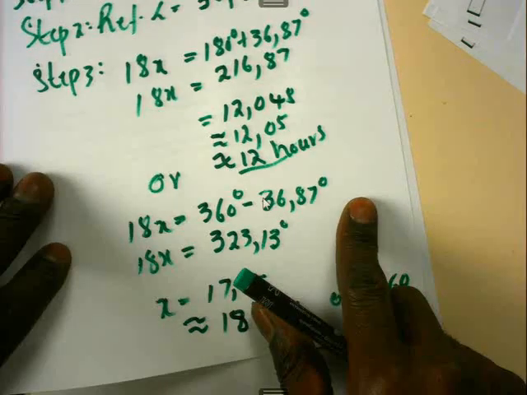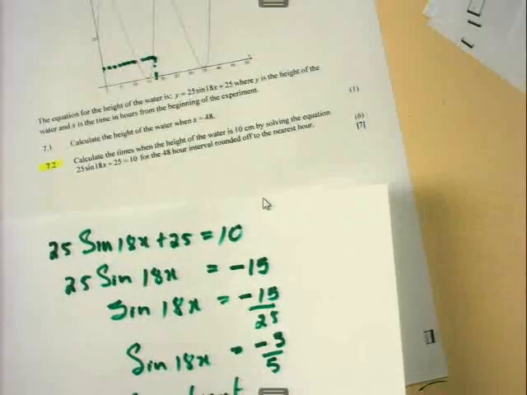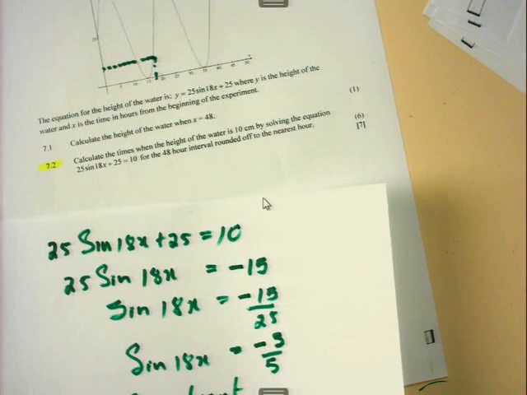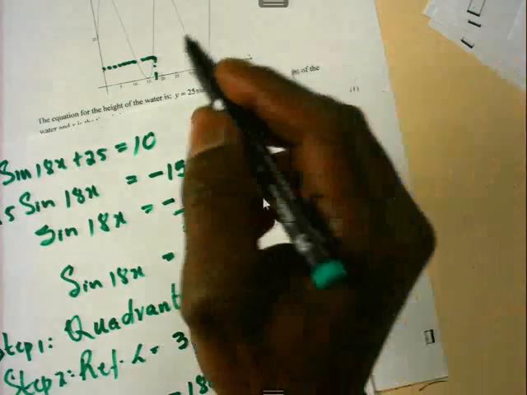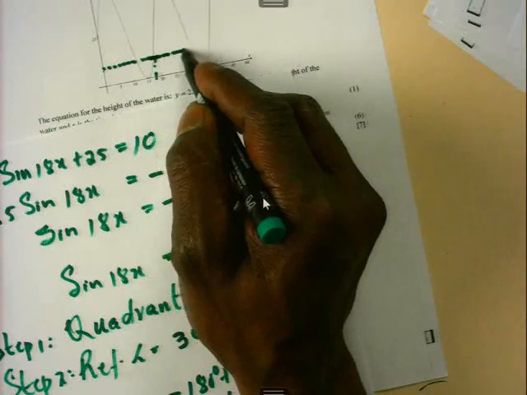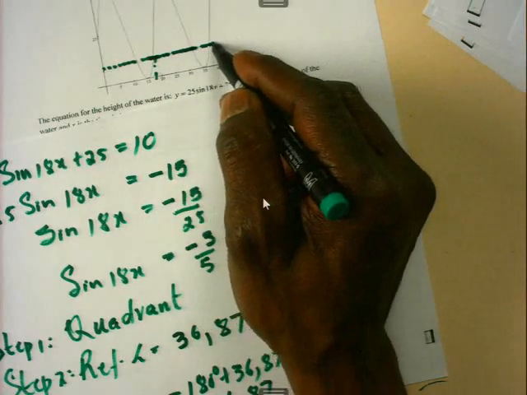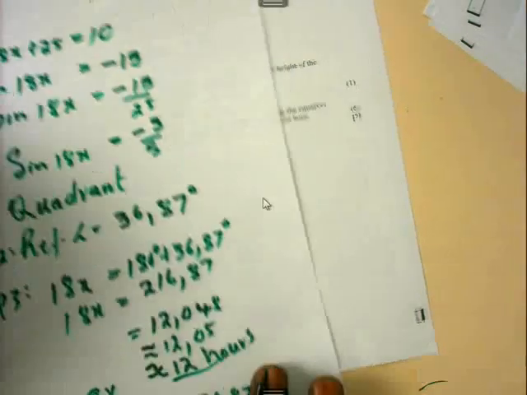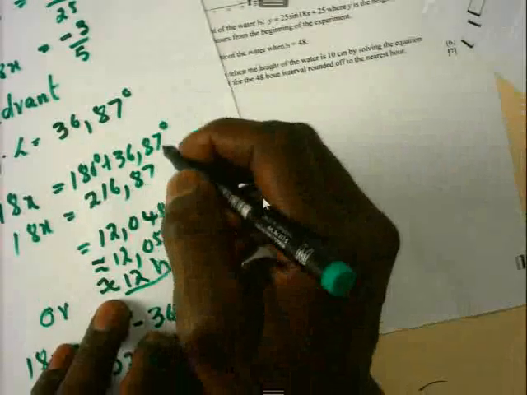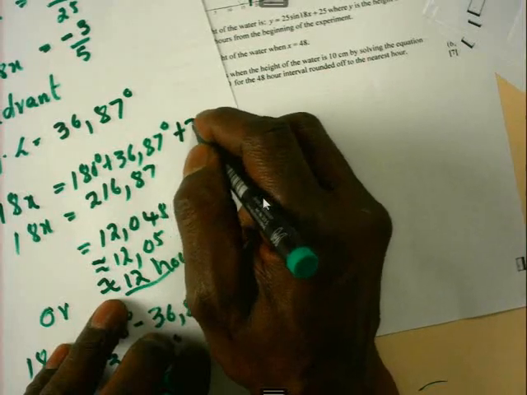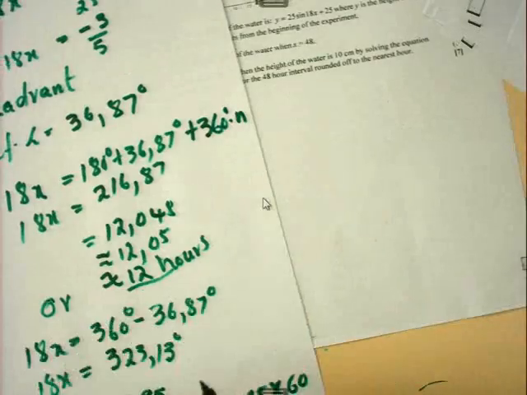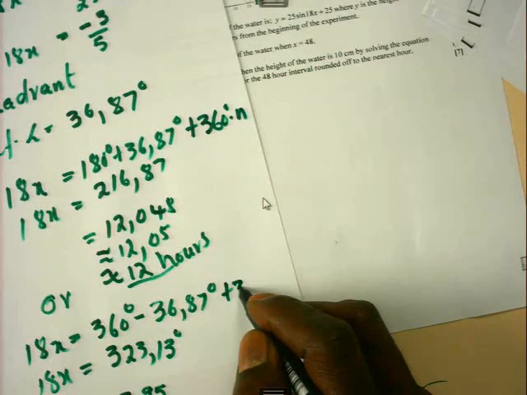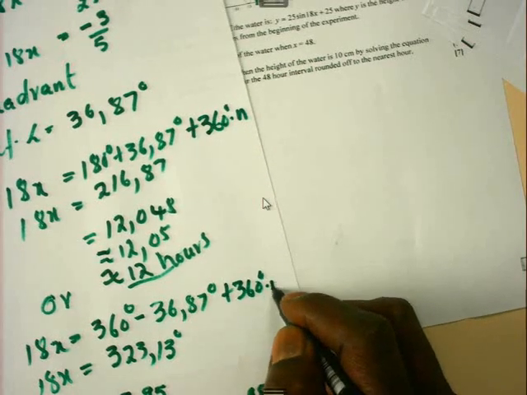And I think we are not done. It seems to me we must also get these times as well. That will imply we'll have to look at the general solution, and by having the general solution, we just add 360 degrees times n.